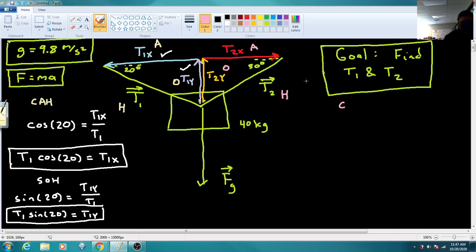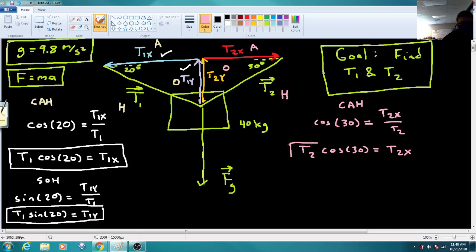So cosine of 30 equals adjacent, which is T2x, over hypotenuse, which is just T2. So the T2 can multiply across, and we'll get T2 cosine of 30 is my T2x. So we'll box that in because that's the one that we want.